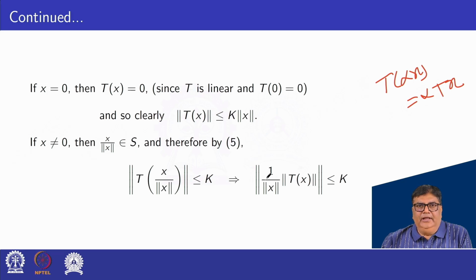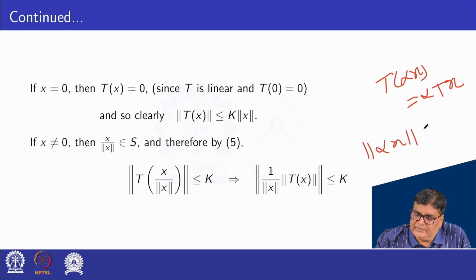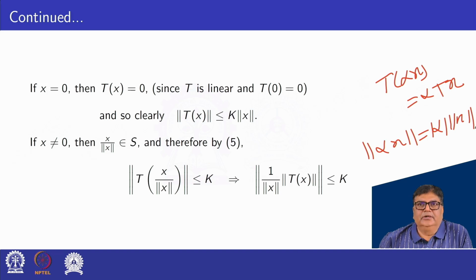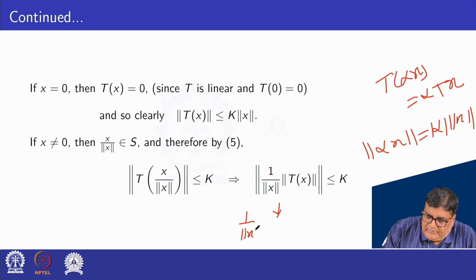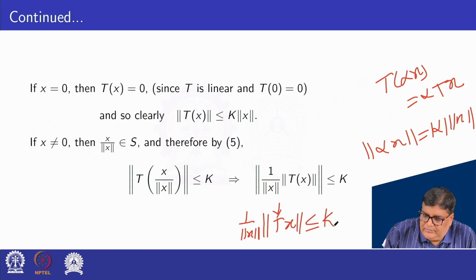Again, we know that norm of alpha x equals mod alpha times norm x. Since norm x is always positive, we can write it outside the norm. So this can be written as 1 upon norm x times norm Tx is less than or equal to k.